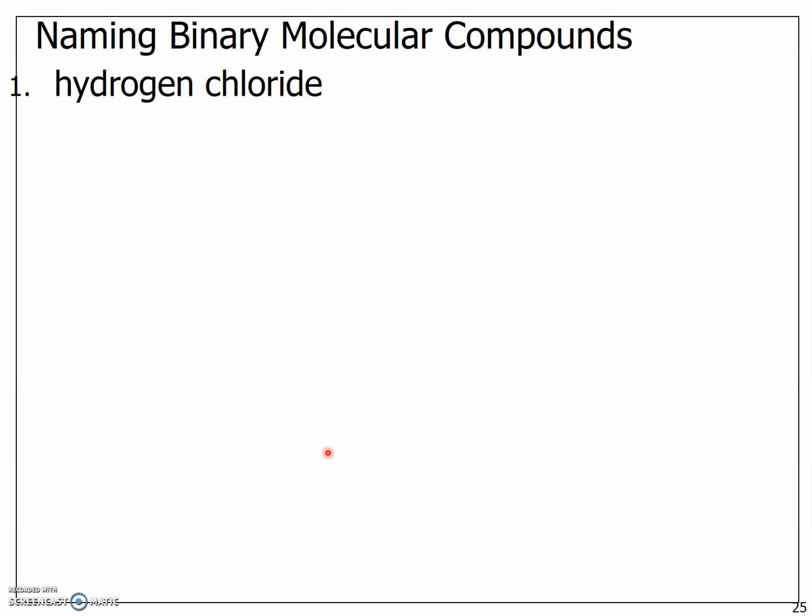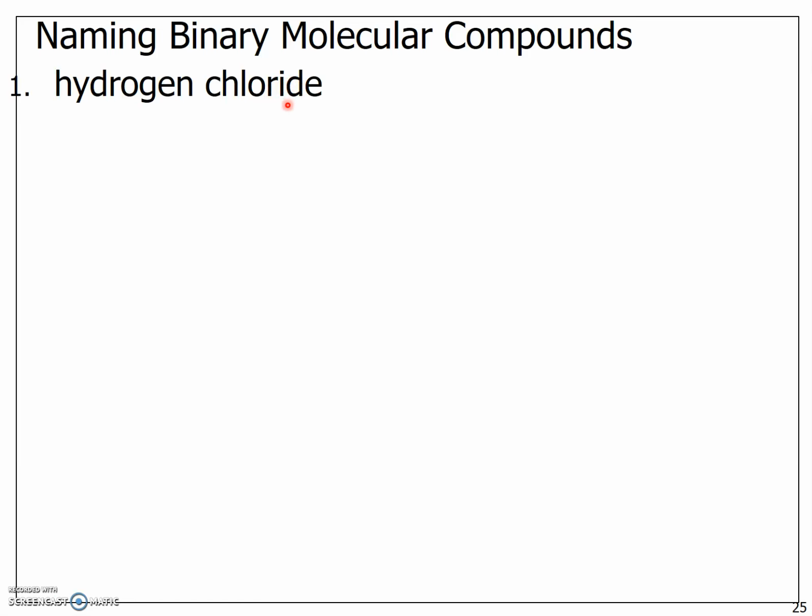So, hydrogen chloride. Notice that it did not say anything about being in a solution. So this hydrogen chloride is not hydrochloric acid; those are 2 different things. Hydrogen starts with the chemical symbol H, and the chemical symbol for chlorine is Cl.